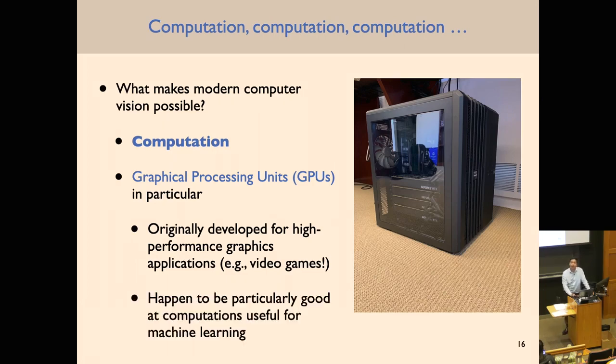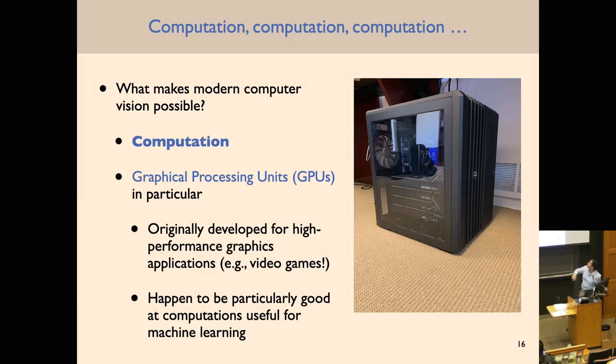They're particularly good at computations that are highly parallelizable. If you're multiplying big matrices with big vectors, a lot of the computations there are parallelizable. They're relatively simple computations that you can parallelize. So GPUs are particularly good at that.